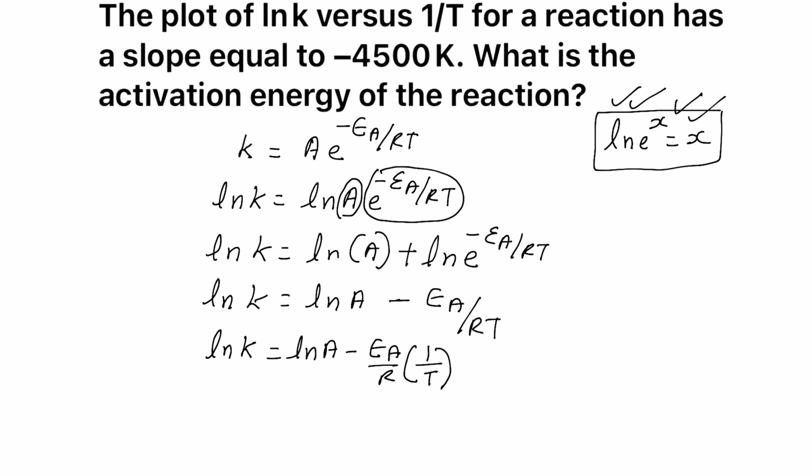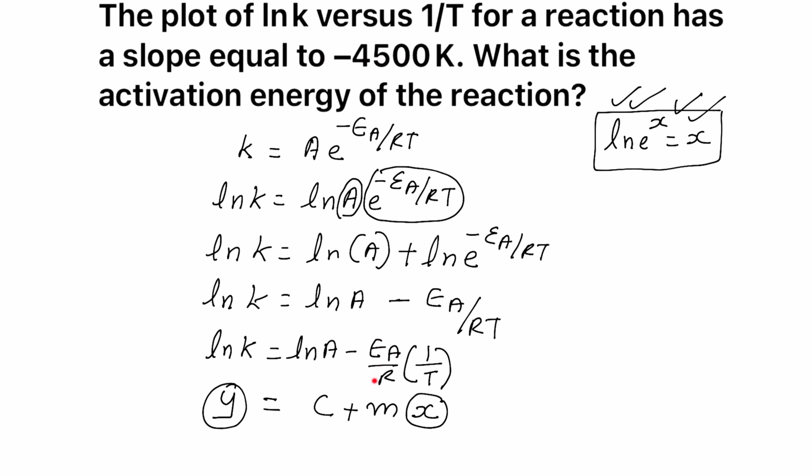Correct? Now you can see this is comparable with the equation of a straight line, y is equal to mx plus c. On the x-axis you have 1 by temperature, on the y-axis you have log K. Now, what is the question? If we plot a graph between log K as y-axis and 1 by T as x-axis, then the slope is equal to minus 4500 Kelvin.